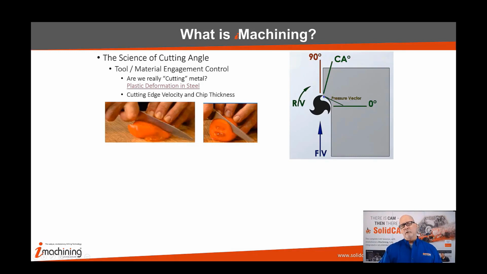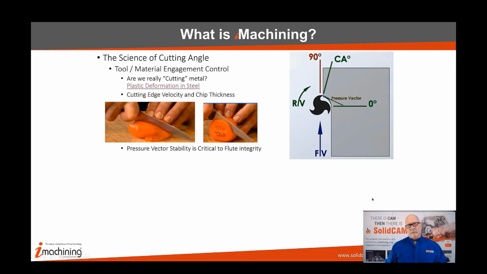One of the things you can look at in this is you can kind of think of this segment here as the heat generation cycle of the full revolution of the tool. And so as you increase or decrease this angle, the maximum cutting angle, you are actually increasing or decreasing the duration of time through a one revolution cycle that heat is being generated, okay, and what we do with that heat.